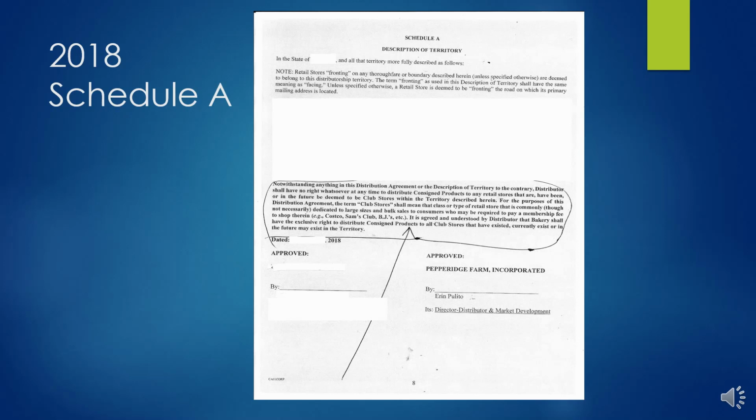It is agreed and understood by distributors that bakeries shall have the exclusive right to distribute consigned products to all club stores that have existed, currently exist, or in the future may exist in the territory. A couple of issues I want to bring up real quick: what happens if a club store is no longer deemed a club store? Let's say that Sam's wants to become a grocery store.